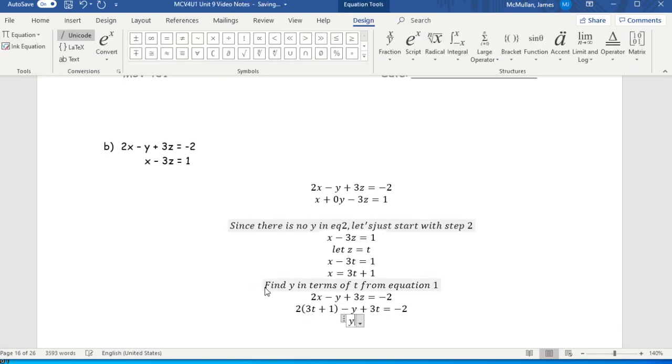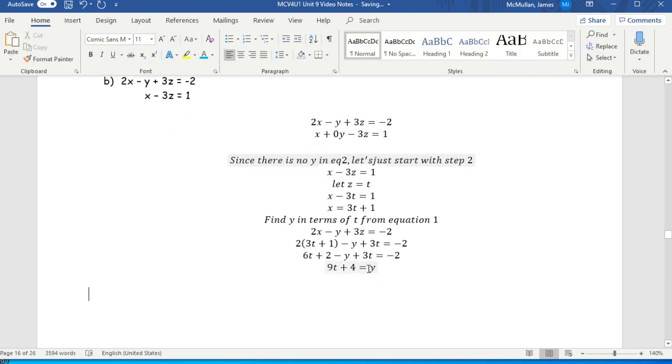So 6t plus 2, take away y, plus 3t equals negative 2. And I get y. So let's bring y to the other side. So 9t plus 4 equals y, right? Because the negative 2 comes over, makes positive 4. The y goes over to that side.